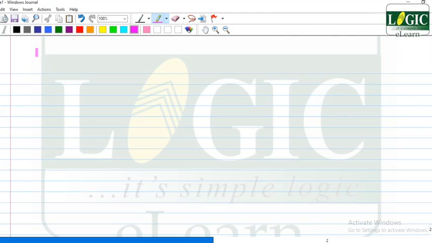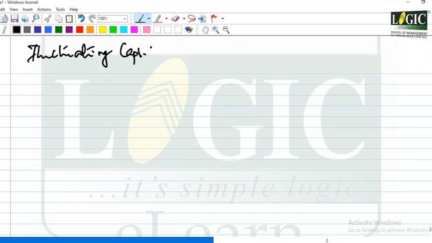Hence, we will first learn what is the fluctuating capital method and how to prepare the columnar capital account. So the first topic we should learn is how to prepare capital accounts under fluctuating capital method.